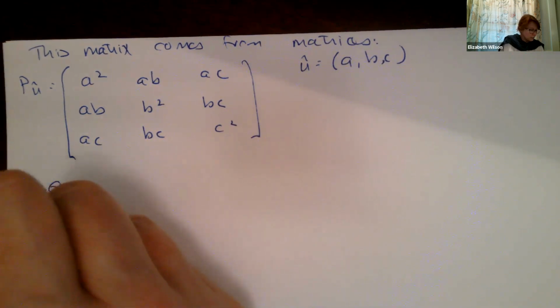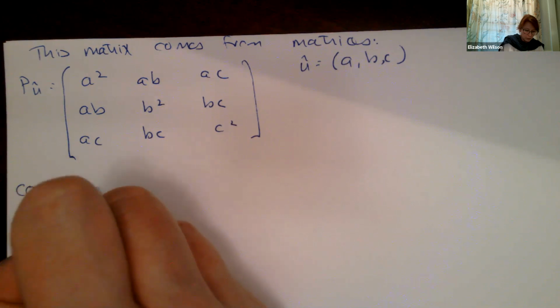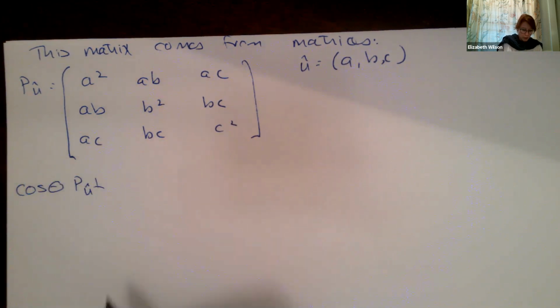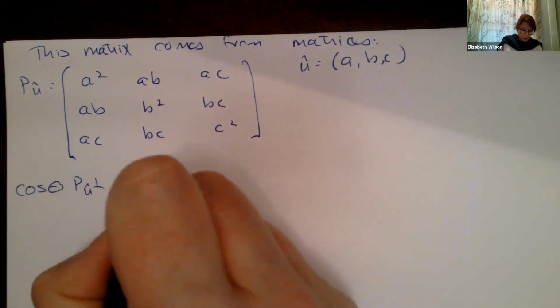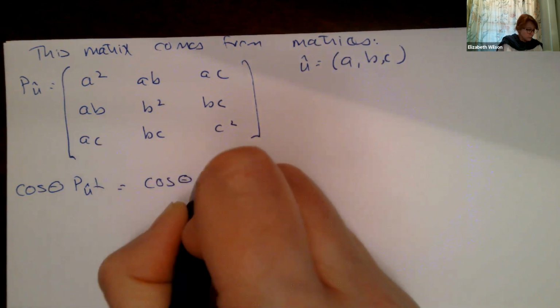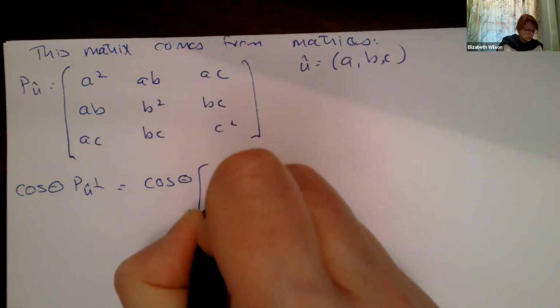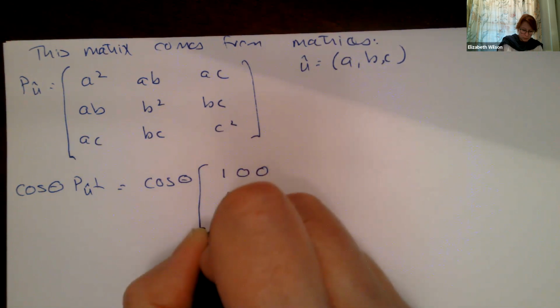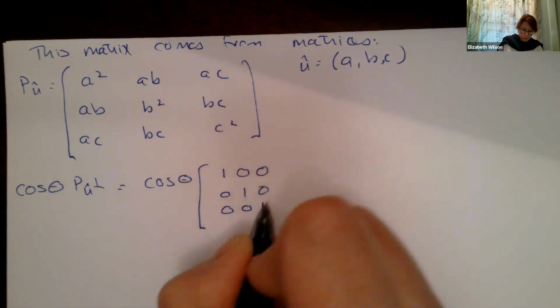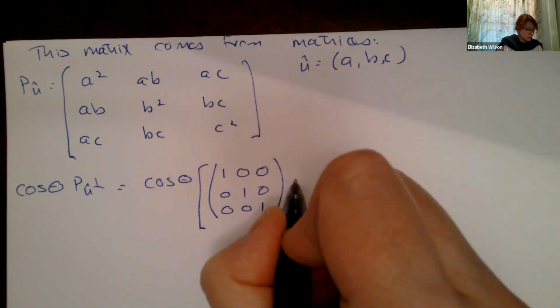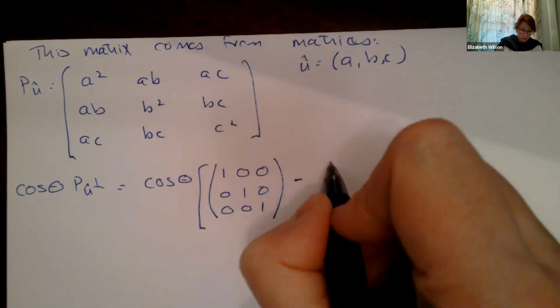Cosine of theta times the projection onto the perpendicular of our unit vector is equal to the cosine of theta times our identity matrix minus this right here.